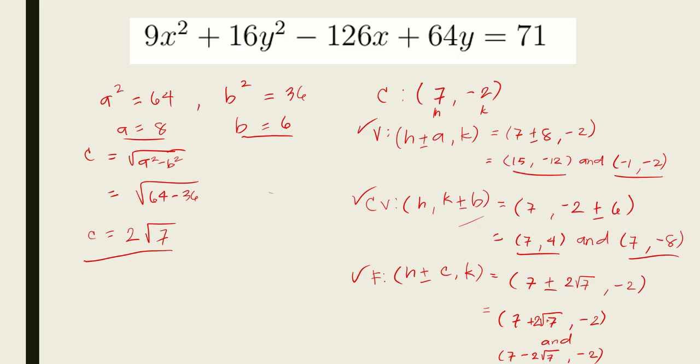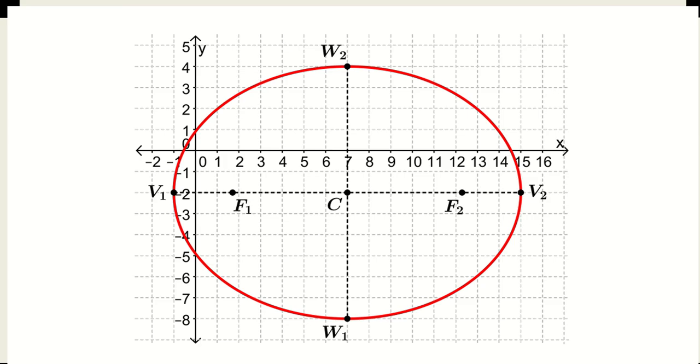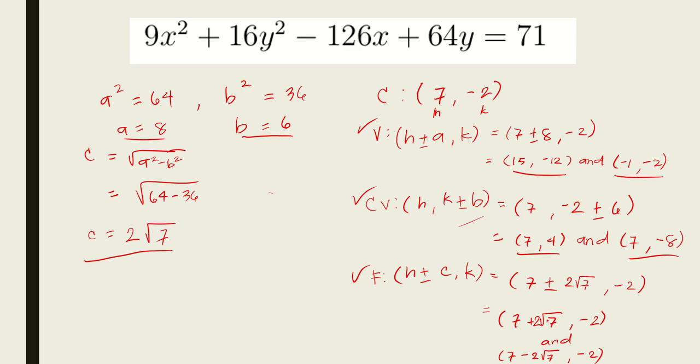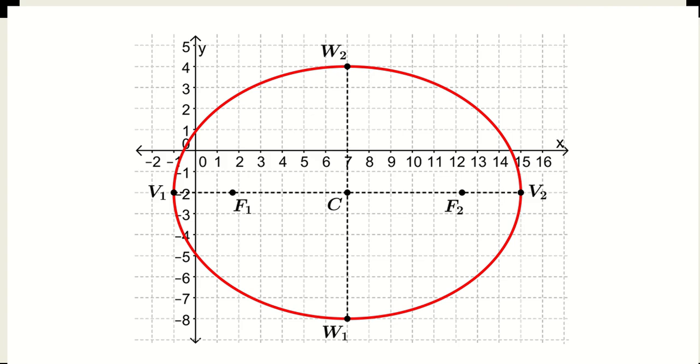And to plot this in a graph, it should look like this. Take note to convert our point that has an existing radical symbol, you just click the SD in your calculator. For 7 plus 2 square root of 7, that is 12.3 or 12.29. So let's count.